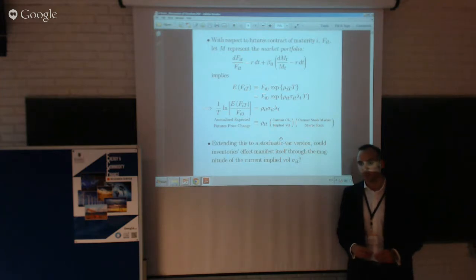So you basically postulate a relationship between the inventory level and the convenience yield. Now, as you write it, the convenience yield is basically the component of the cost of carry stemming from holding the asset that is idiosyncratic to that particular kind of good.